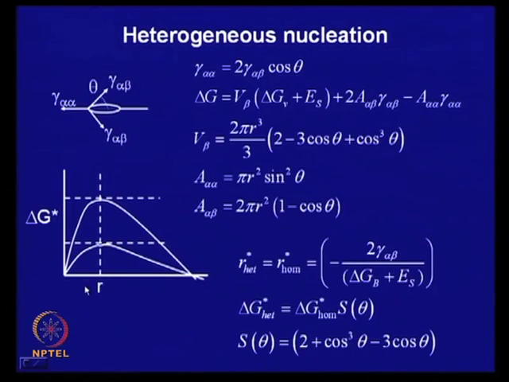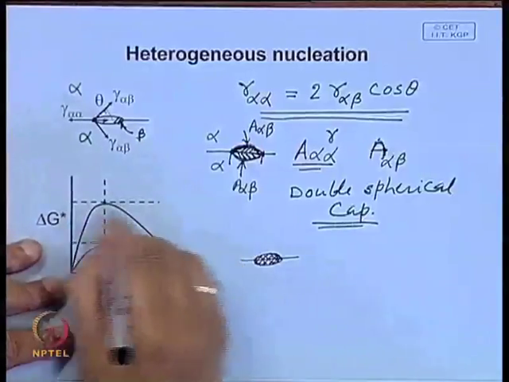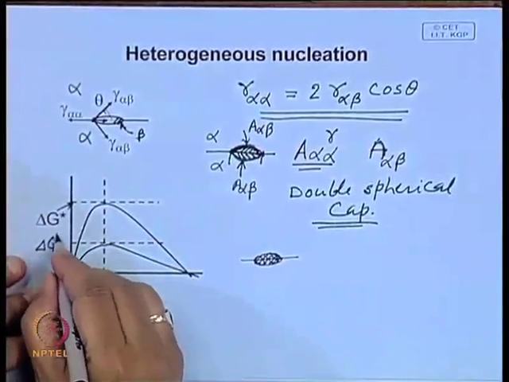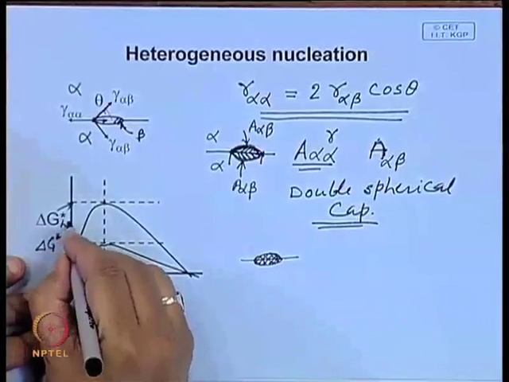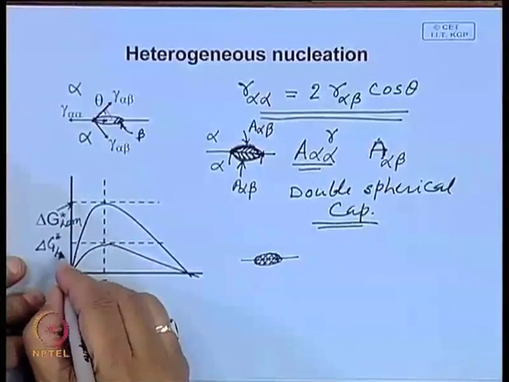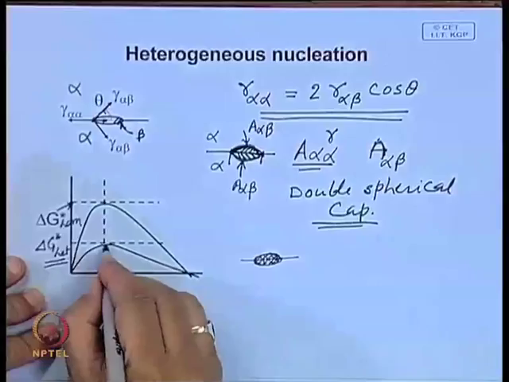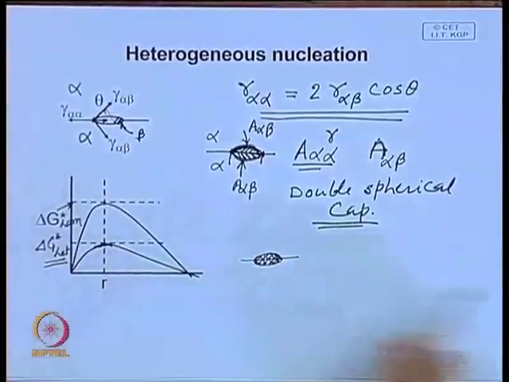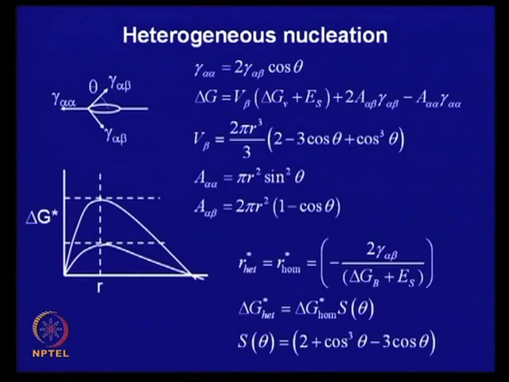So, this is for homogeneous, this is for heterogeneous. So, for the heterogeneous process the energy hump is less. So, this should normally be the most preferred process of precipitation.